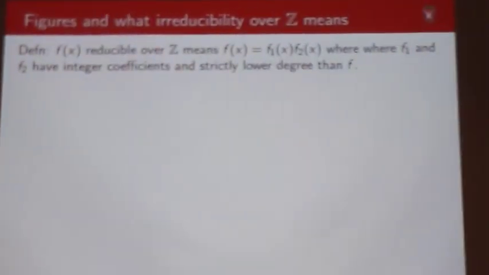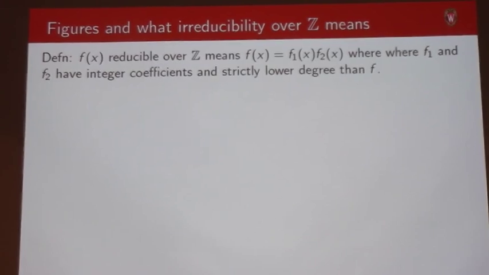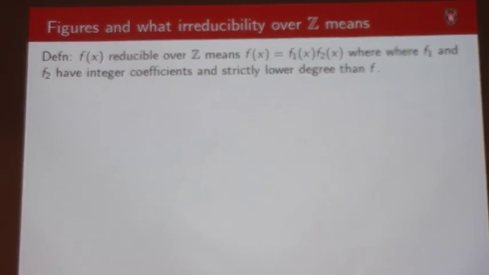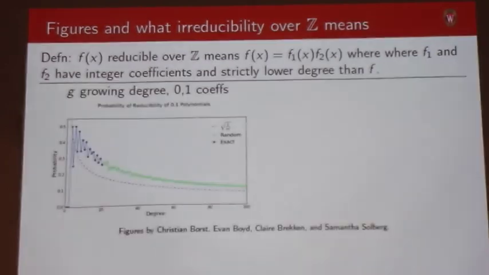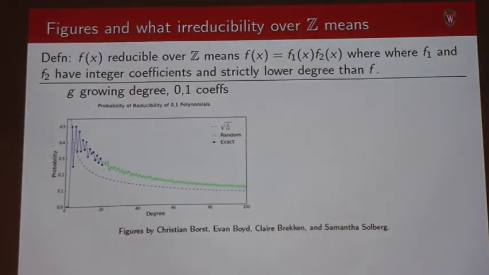To emphasize again, factoring, something very simple, we just mean we can break the polynomial into two smaller polynomials where the degree is strictly lower than the original degree. And this draws a bigger question. So these are the 4 undergraduates from University of Madison: Christian Borst, Evan Boyd, Claire Brekken, and Samantha Solberg, who worked for a summer doing some programming in Magma and using a distributed computing system so they could run the sampling across many computers.